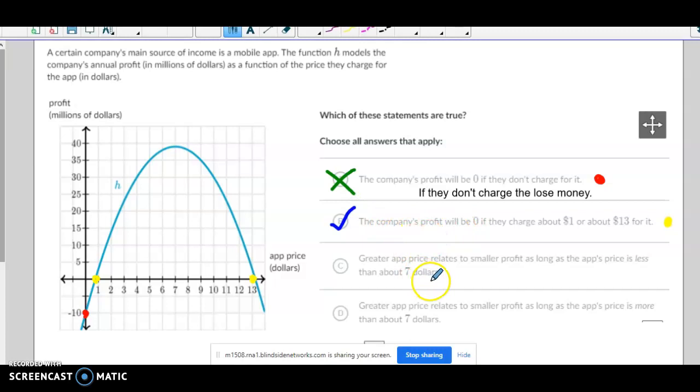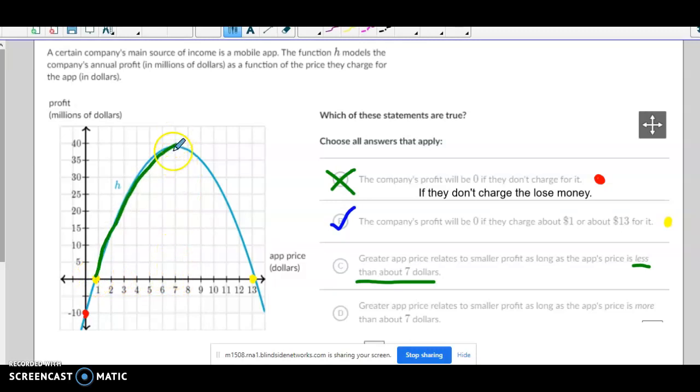Okay? Greater app price relates to smaller profit as long as the app's price is less than about $7. So let's talk about this less than about $7. That's going to be right here, from here to here. So less than 7 is going to look at our curve from all the way up to 7.